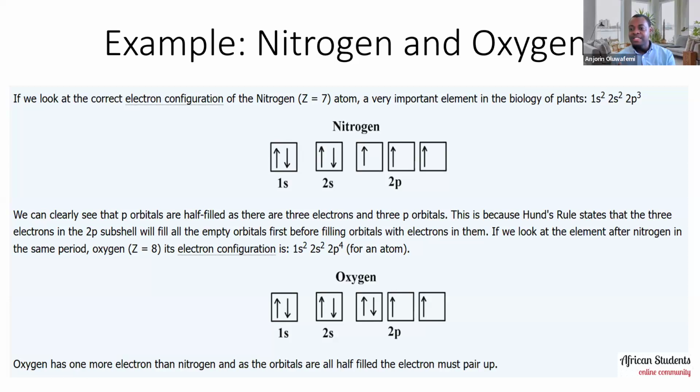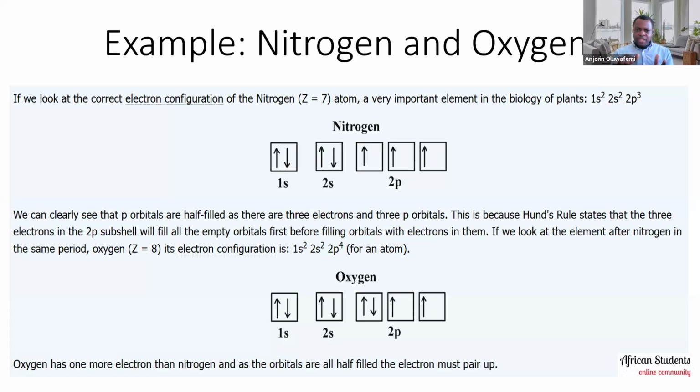If you look at the element after nitrogen in the same period, that is oxygen, with an atomic number of 8. Its electron configuration is 1s2, 2s2, and then 2p4. Now, let's look at it together. After the 2s orbital had been satisfied, with its maximum of 2 electrons, when we got to the 2p orbitals, what did we do first?